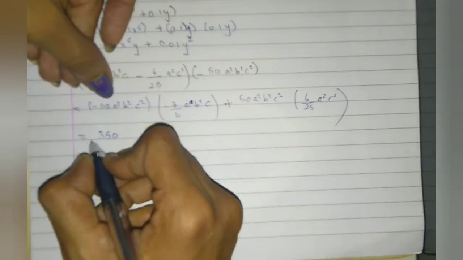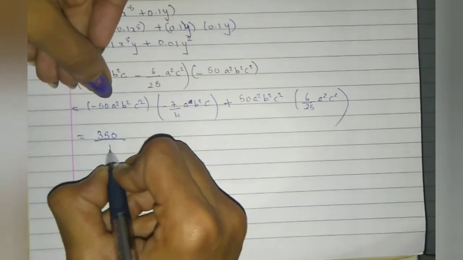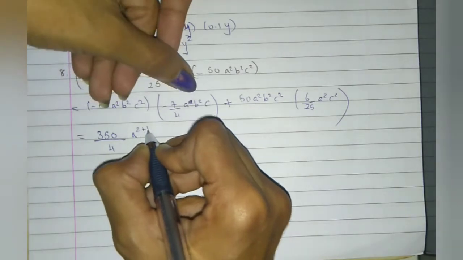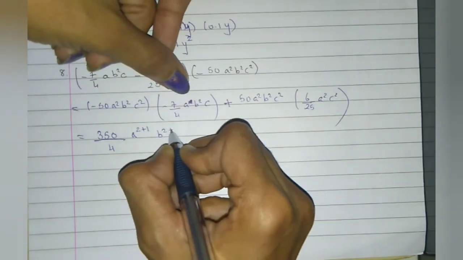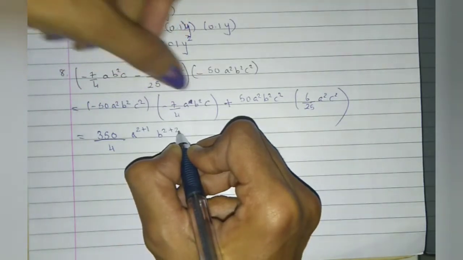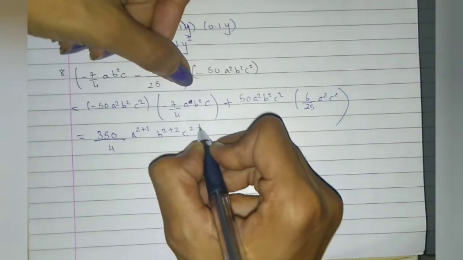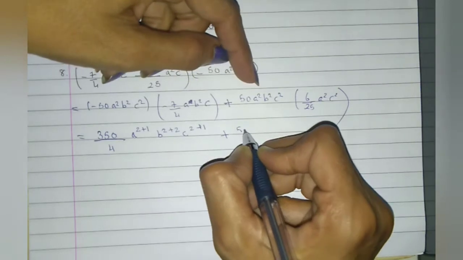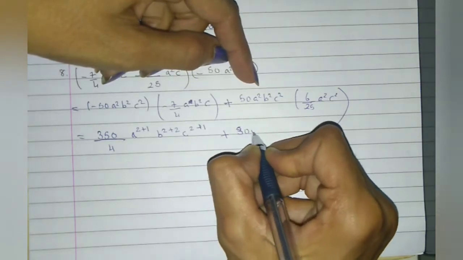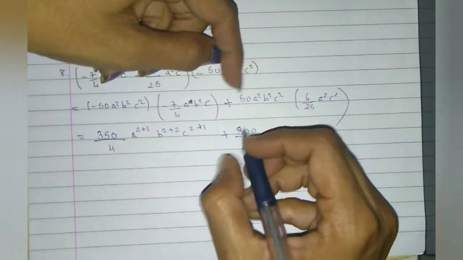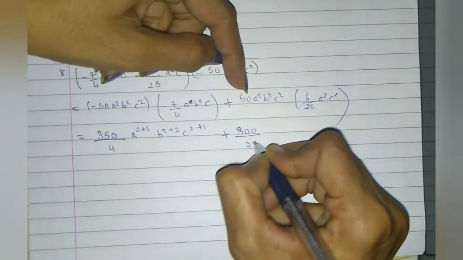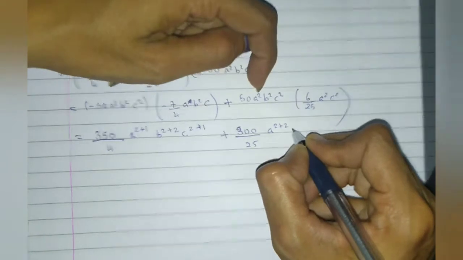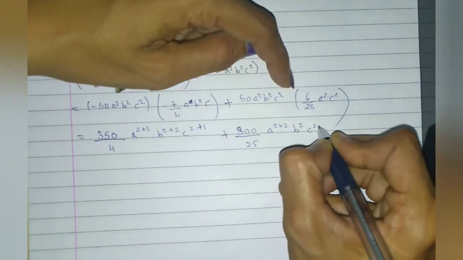Then upon 4, a raised to square plus 1, b raised to square, and c raised to square plus 1. So plus 50 into 6 is 300 upon 25, a square plus 2, b square, and c square plus square.